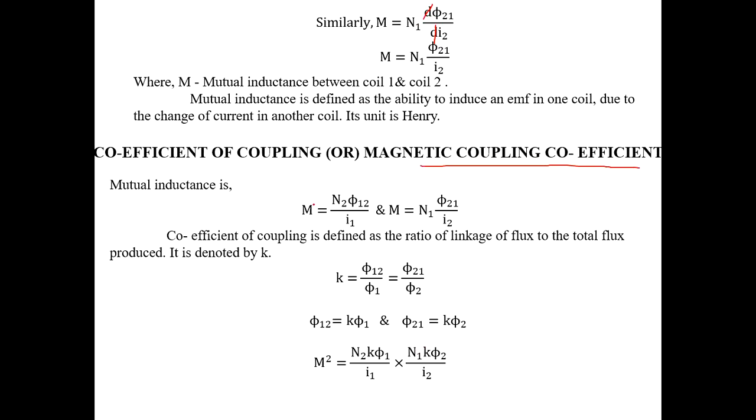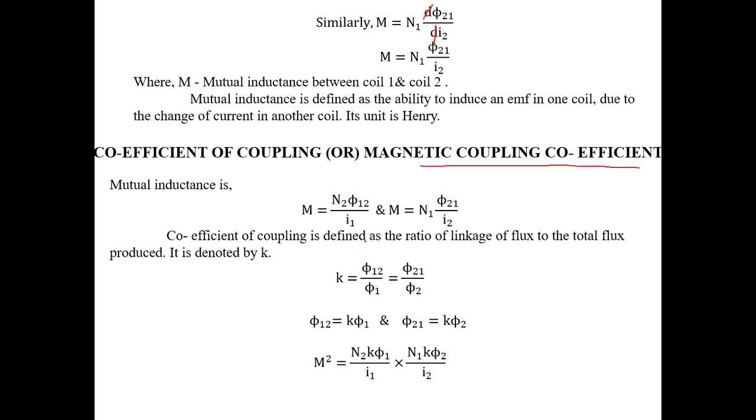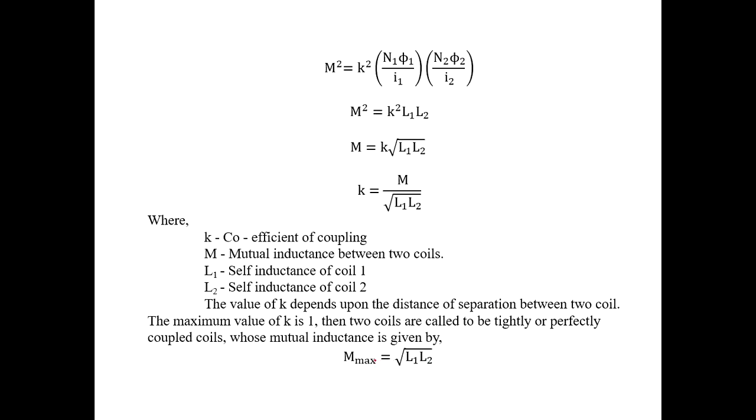Next we have to multiply these two M terms, and we can get these equations. Here we have to substitute K into φ. In this φ12, we substitute K φ1. Instead of this φ21, we substitute K φ2. Next multiply these two terms and then take K square outside.